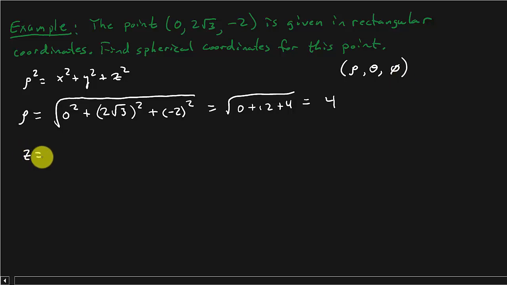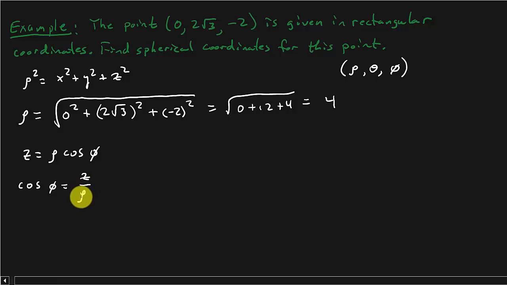So we've got z is equal to rho times cosine phi. That's one of the formulas we had earlier. So this means that cosine phi is equal to z over rho.